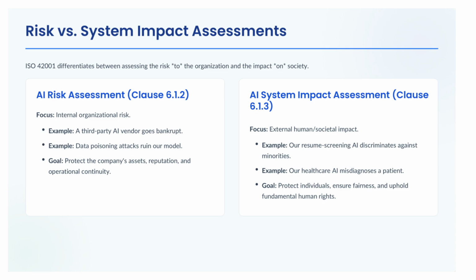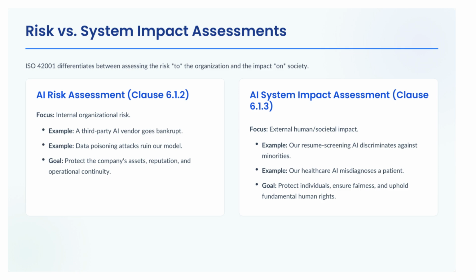Now clause 6.1.3, which is AI system impact assessment. The direction of harm is outward: who would be hurt? The resume screener that filters out minority candidates, or the healthcare AI that misdiagnoses. The goal here is to protect individuals and their fundamental rights. So if I look at some examples, a resume AI discriminates, but it's cheap, it's fast, and nobody has noticed.